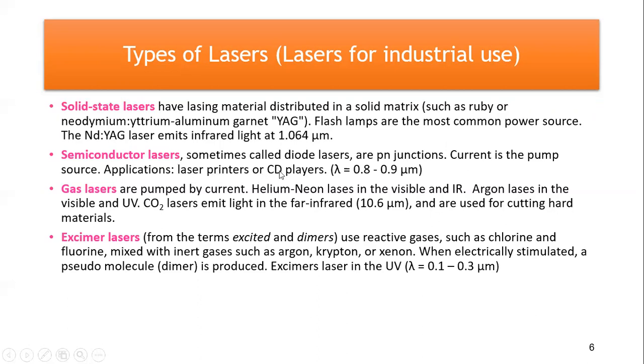So those applications usually use semiconductor lasers. Then there are gas lasers, like helium neon or CO2. These are examples of materials used as lasing materials, or the excimer laser, which uses reactive gas like chlorine and so on. And this is the wavelength being used.